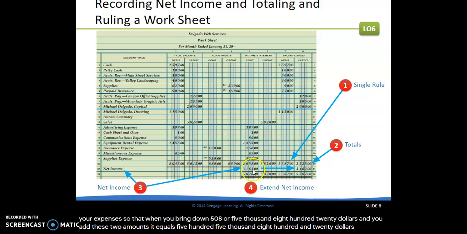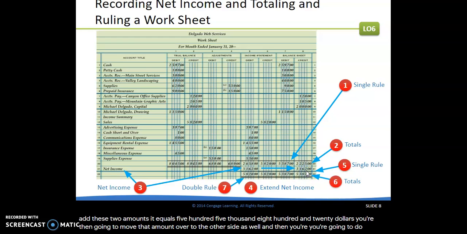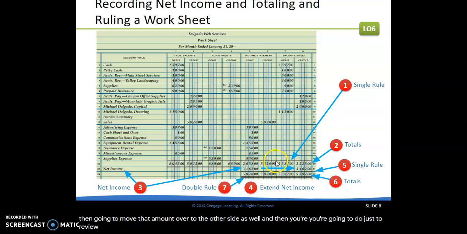$5,820. You're then going to move that amount over to the other side as well, and then you're going to add those. So ultimately what you're going to do, just to review, is sales minus expenses. It's positive. When it's positive, you put it under the expenses.